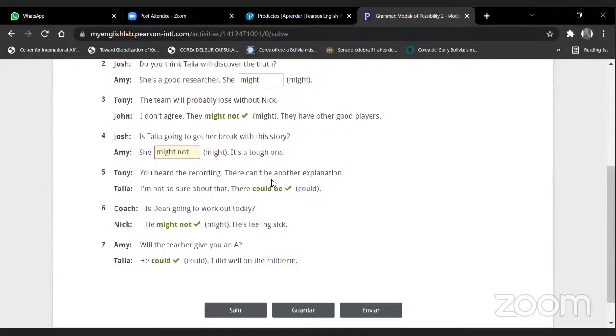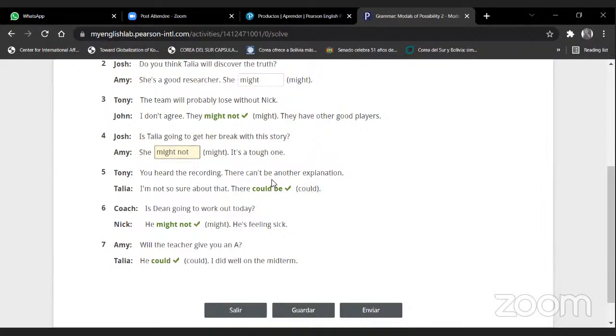I'm sorry, but I'm not understanding this. I don't know if it's because I'm too tired. Don't worry. What does it mean? Is Talia going to take her break with this story? It's like, for example, if she's going to be recognized by everybody, or if she's gonna have success with this story. That is an expression when we use break. Okay, that's why maybe I get confused.